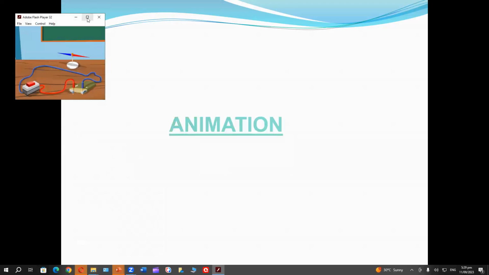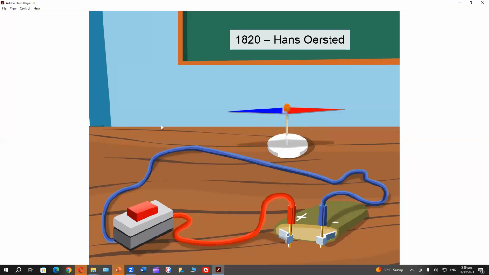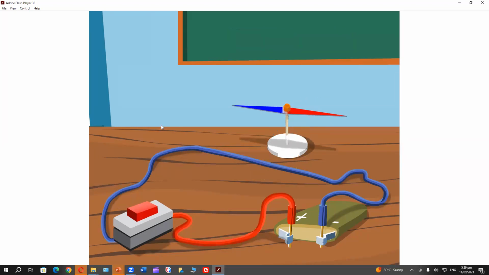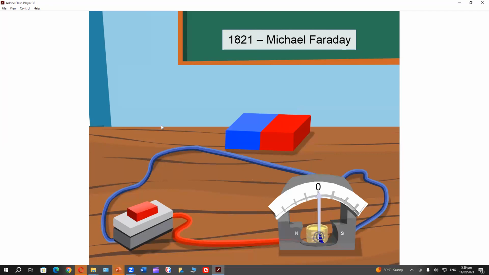An electric current which is flowing in a conductor generates a magnetic field around the conductor. In 1820, the experiment conducted by Ørsted showed that electricity could be a source of magnetism. But could magnetism also be a source of electricity? In 1821, Michael Faraday began researching ways to produce electricity from magnetism.